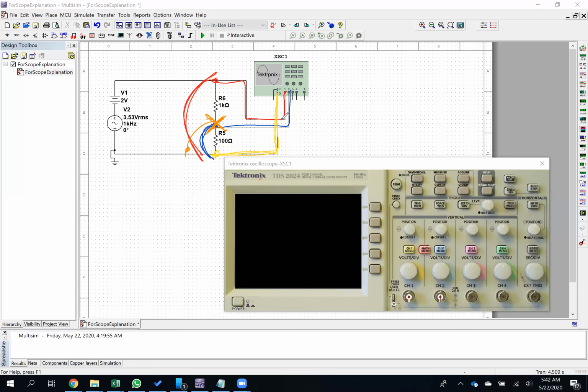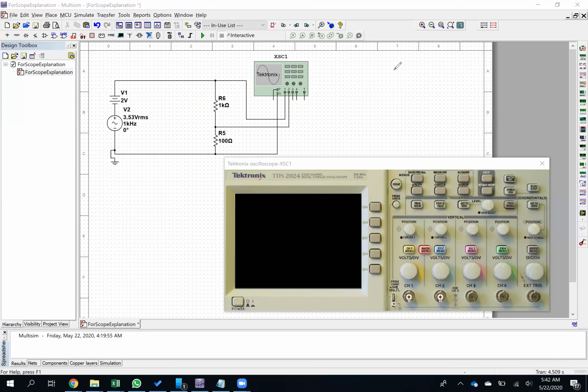I have to always put the ground leads of the scope to my circuit ground, which is here, okay? But the scope does have a math setting which will allow us to subtract this channel 1 from channel 2. And if I did that, that would give me this difference. Okay, so we'll take a look at that once we've got our scope all set up.